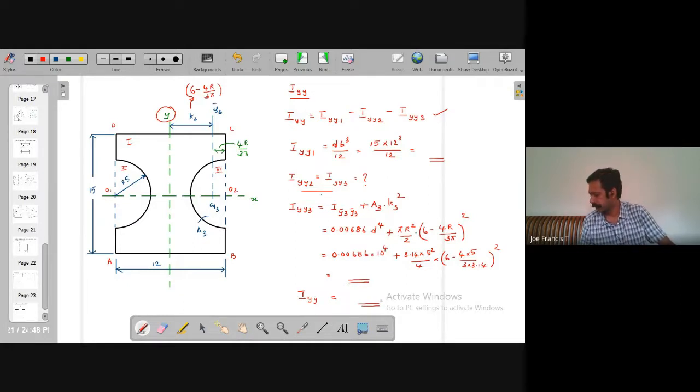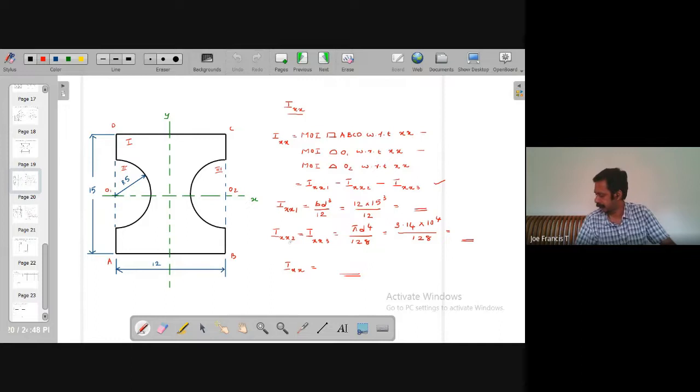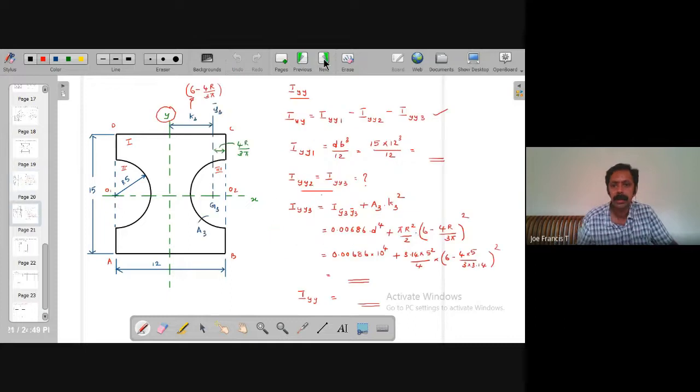I don't exactly remember the values for all this. The first one was Ixx is 2884 centimeter raised to 4, since all units are centimeters, and Iyy I got as 839.74 centimeter raised to 4.